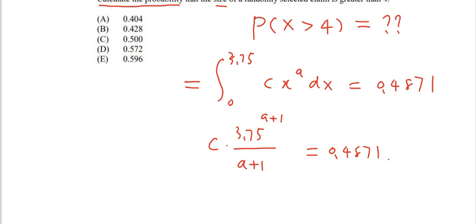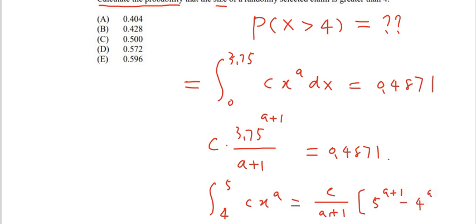Larger than 4 means from 4 to 5 of CXA. So this equals C over A plus 1 times 5 to the A plus 1 minus 4 to the A plus 1. Right? Okay.